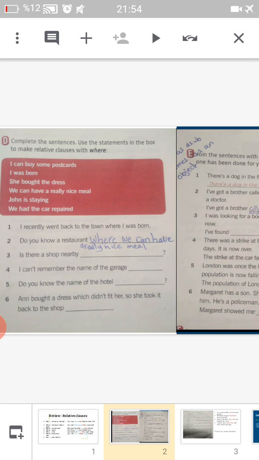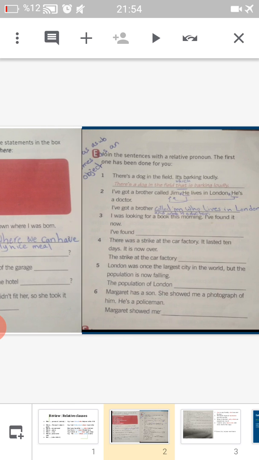Restaurant is a place, so we will use where. Go to the red box. The suitable sentence to complete number two is we can have a really nice meal. Please do number three and number four, number five and six in your book.